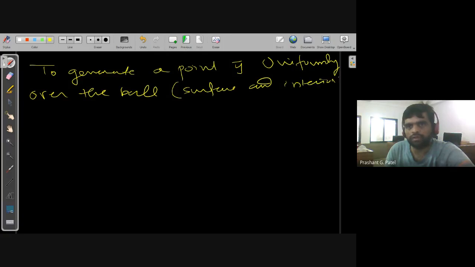So I want y bar to be generated uniformly over the entire unit ball, surface as well as inside.